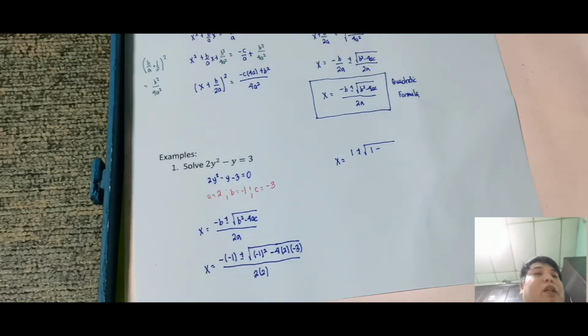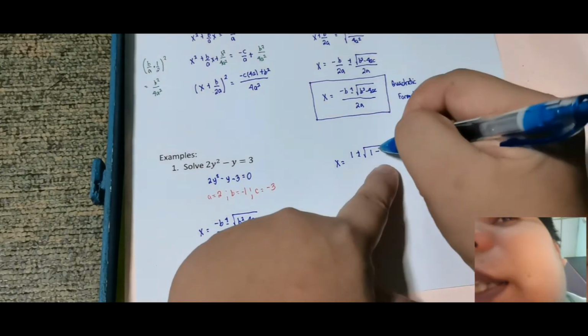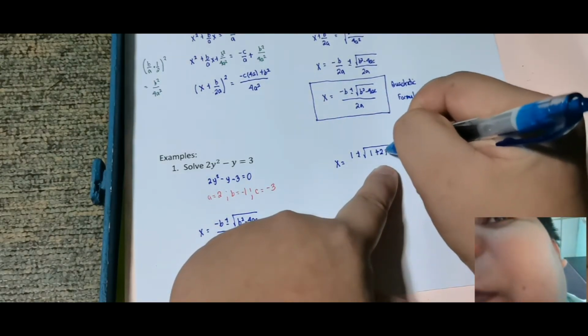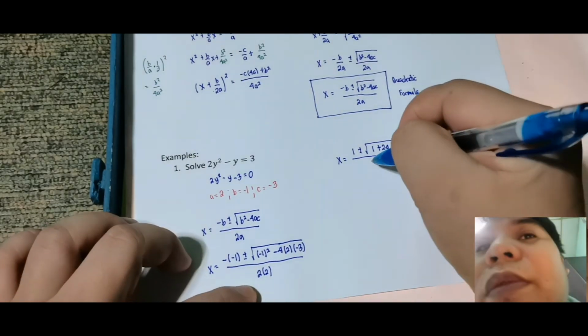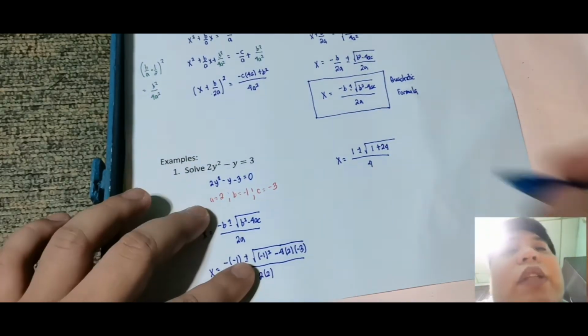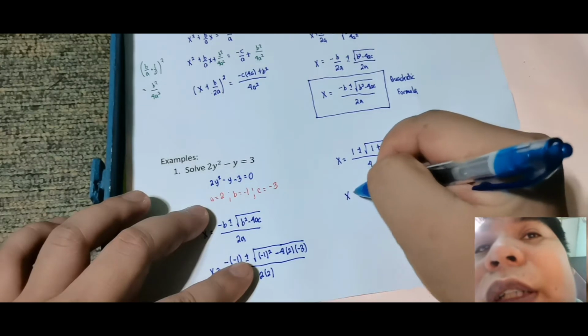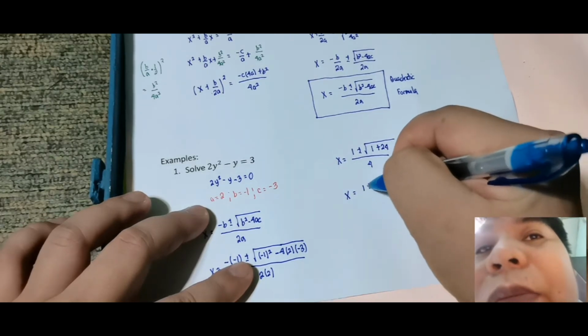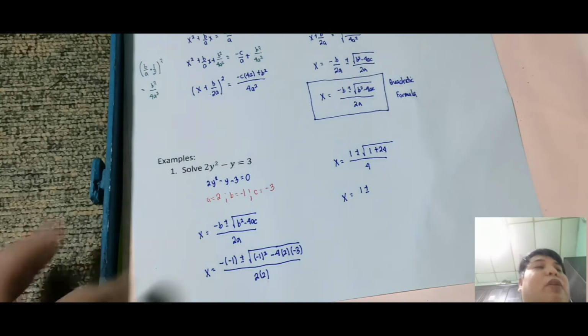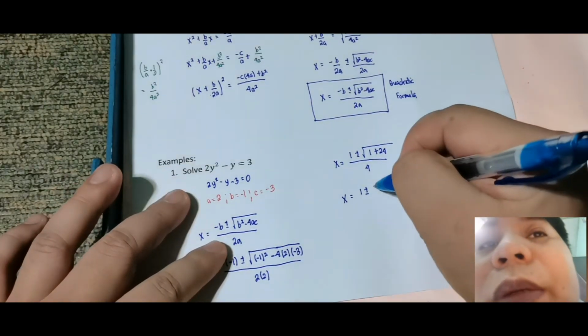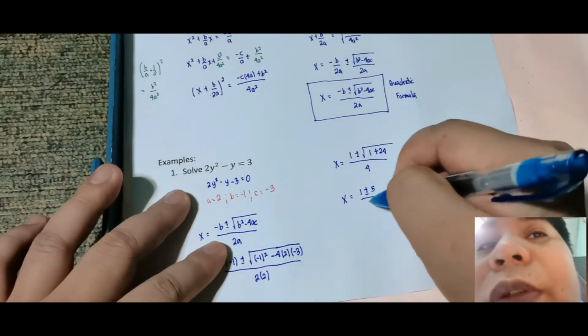Negative times negative, positive, so this is plus 24. All over 2 times 2, this is 4. Therefore, x is equal to 1 plus or minus square root of 1 plus 24 is 25. Square root of 25 is positive and negative 5. So, that's 5 over 4.